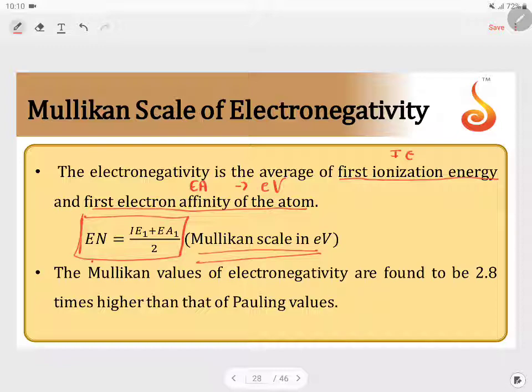And we have already learned that the Mulliken scale value is found to be 2.8 times higher than that of the Pauling scale. Therefore, electronegativity in the Mulliken scale will be 2.8 times that in the Pauling scale.